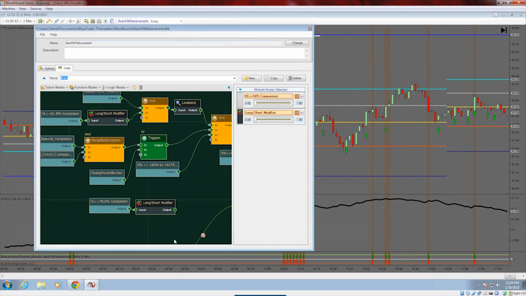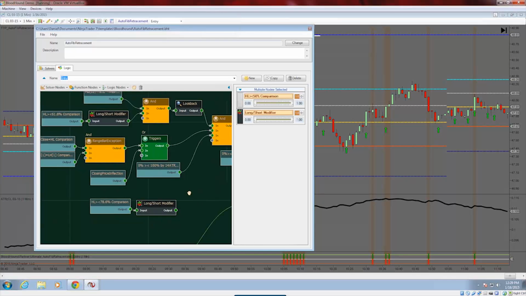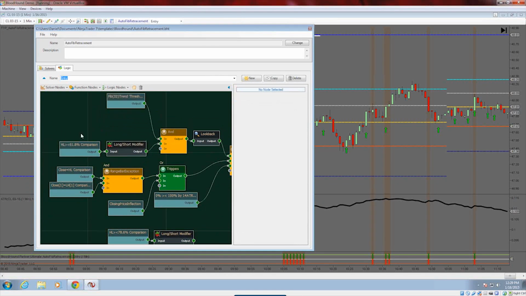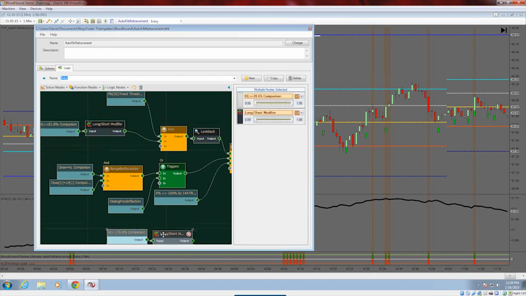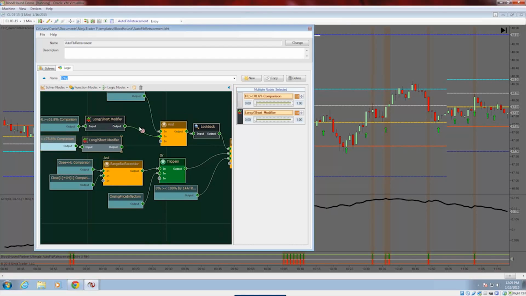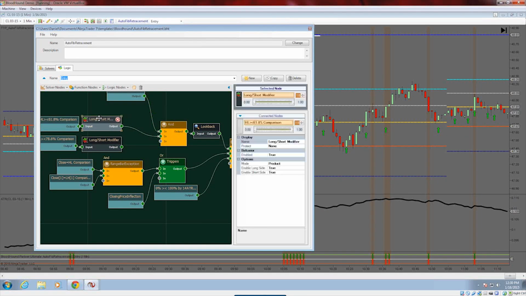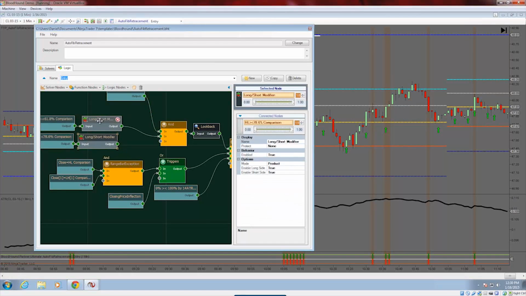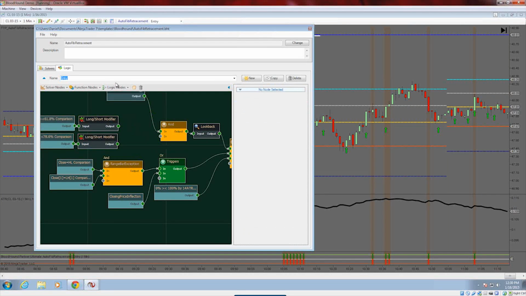And let's do this. We're going to use an OR node. We're going to say bar must be touching either the 61.8 or the 78.6.